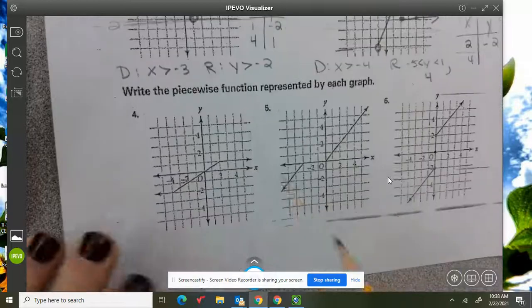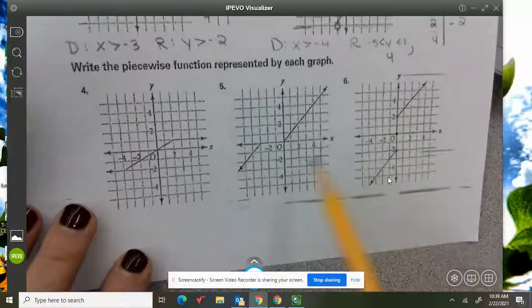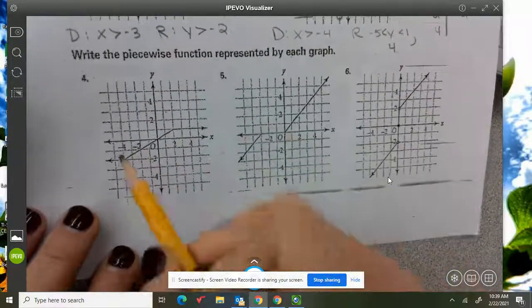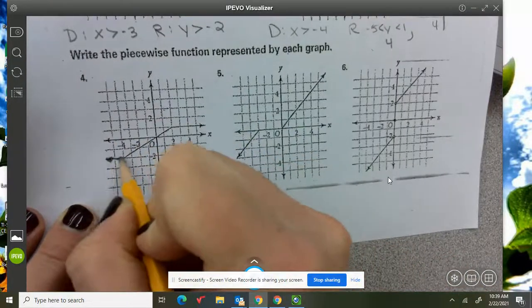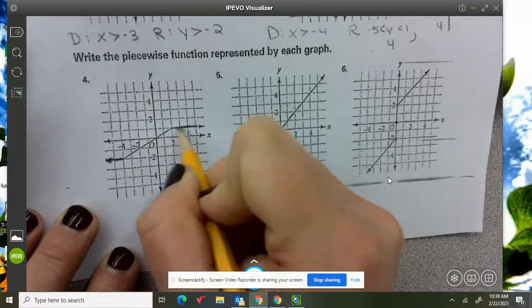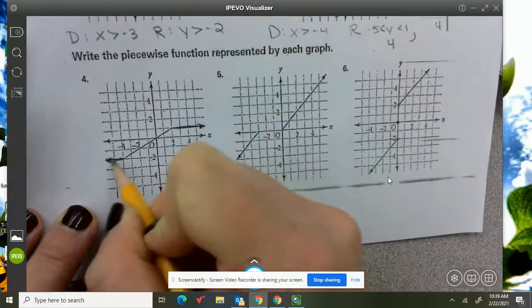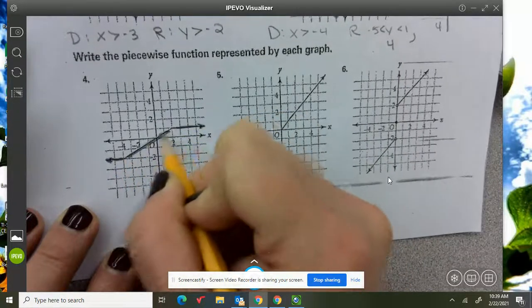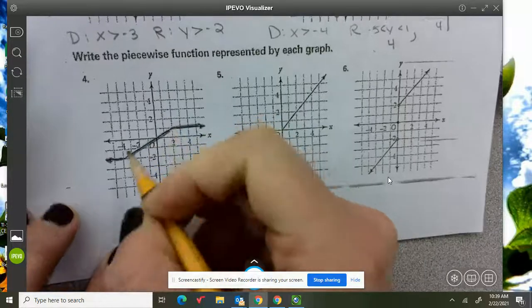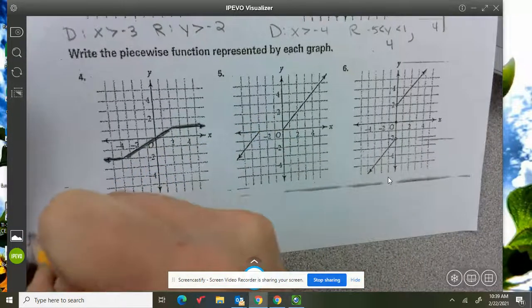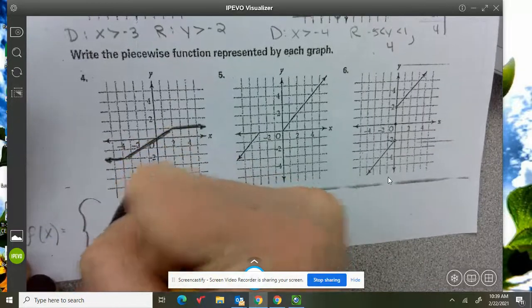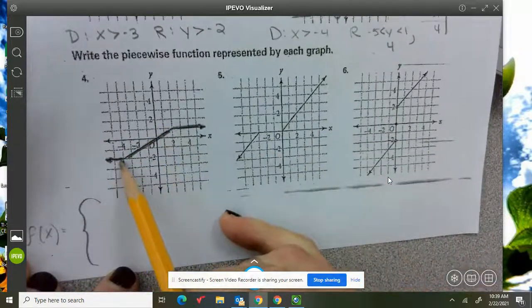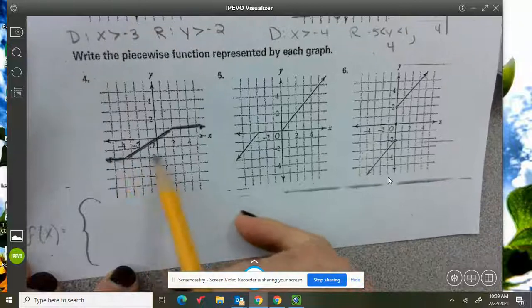Then we have 3 piecewise functions that we have to write now. Some students can't see this, but there's an arrow here, and there's an arrow here. So that's 1, 2, 3 functions. So this one is just a -2.